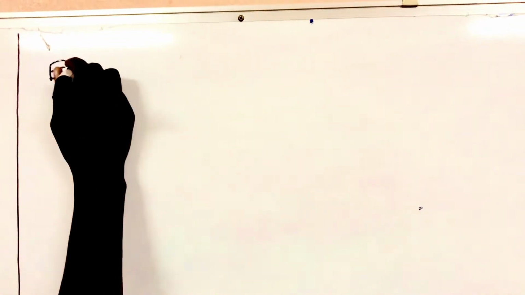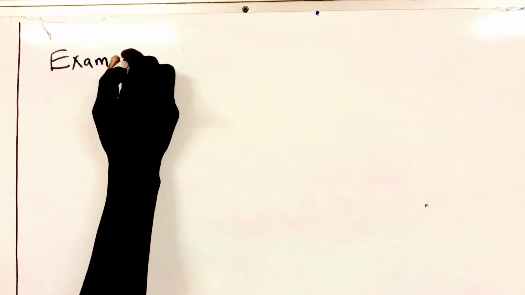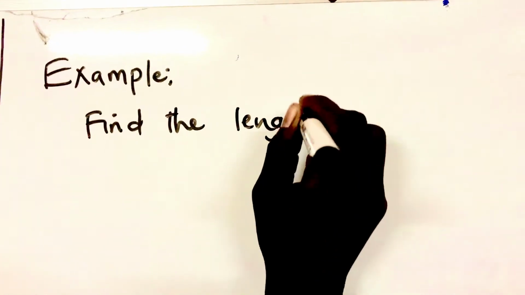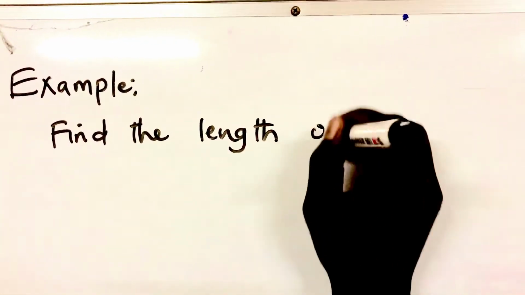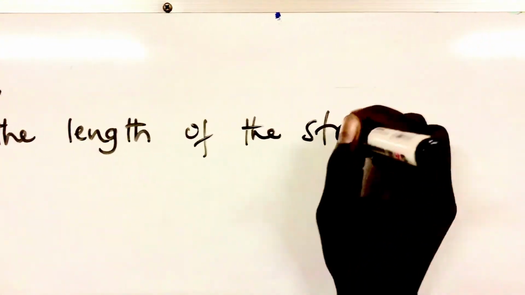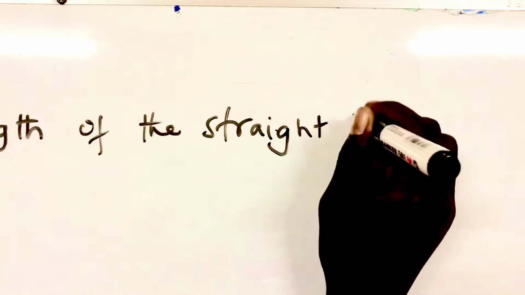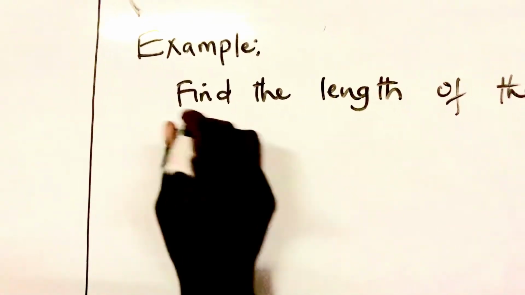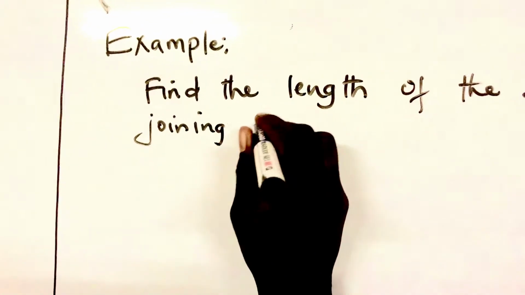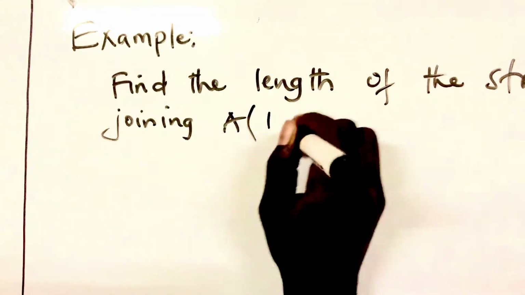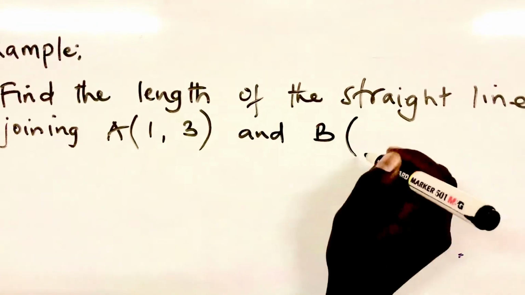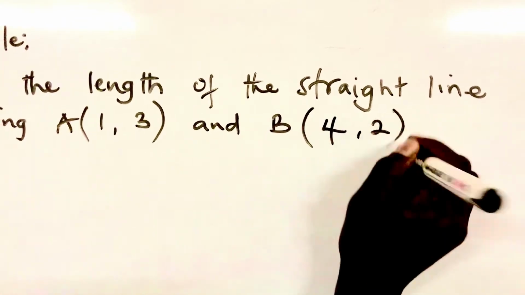So example. Find the length of the straight line joining A, which is (1, 3), and B, which is (4, 2).